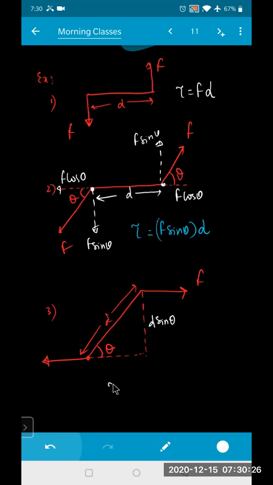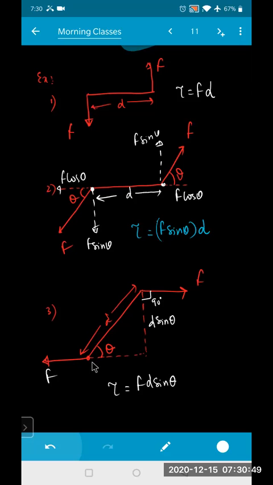So how do you write the torque, beta? Torque will be equal to your force into the perpendicular distance. So it is your F. This is perpendicular, here it is 90, right? For this, what is the perpendicular? d sin theta. What is the force due to this torque? About this axis it will become 0.